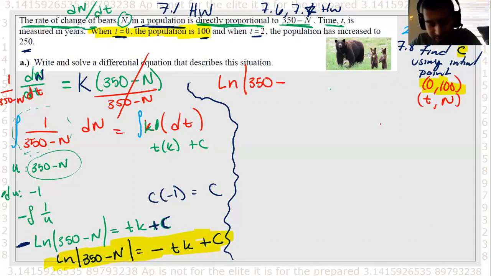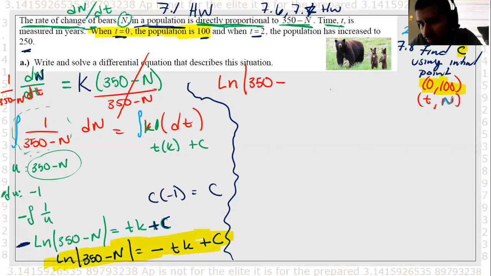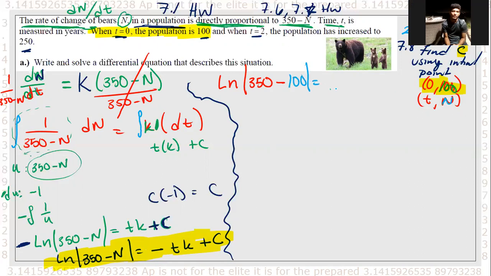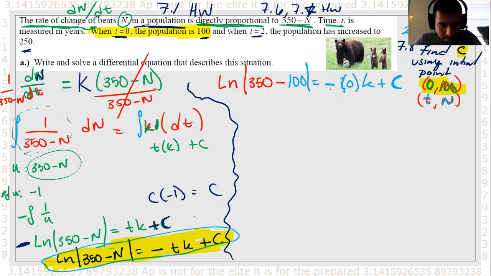What did we say our n was? Our n is 100. That equals negative t. Do I know my t? Of course I do. It was the initial, so it should be 0, times my k, plus my c. All I did was substitute into this equation right here.